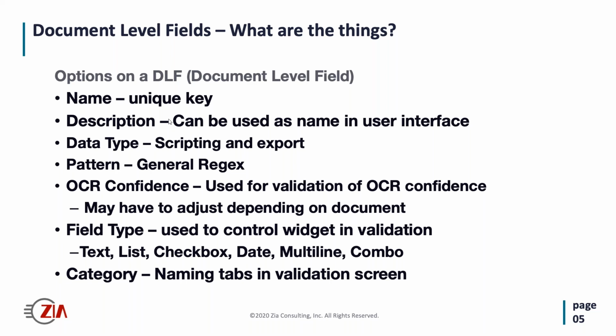You might use it for signature detection, things of that nature, perhaps handwriting, but there are other options for that as well. And so I would never use a space within a name, but I might use it in the description. By default, the description is going to be used inside of the user interface when you look at the validation screen. And the data type is mostly used for scripting and export.